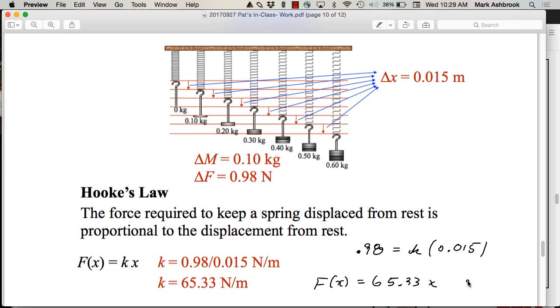Okay, so what's the work accomplished to stretch it x meters? What's the work accomplished to stretch it x meters? Go, write it down, quick. We've got 2 minutes. Everyone write it down. What's the work required to stretch the spring x meters?